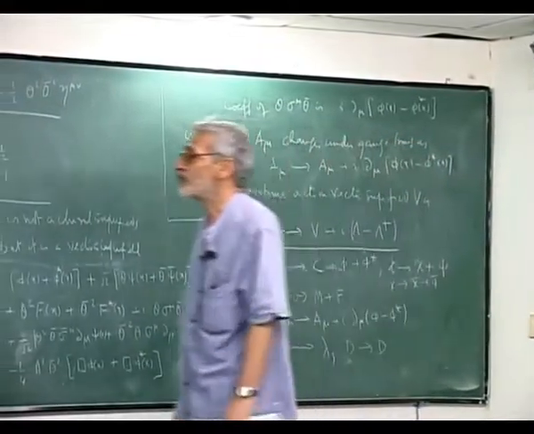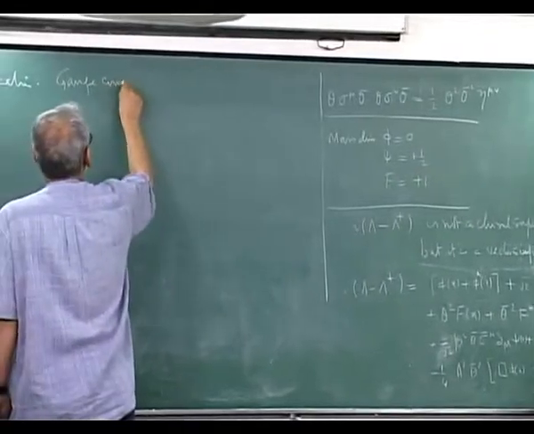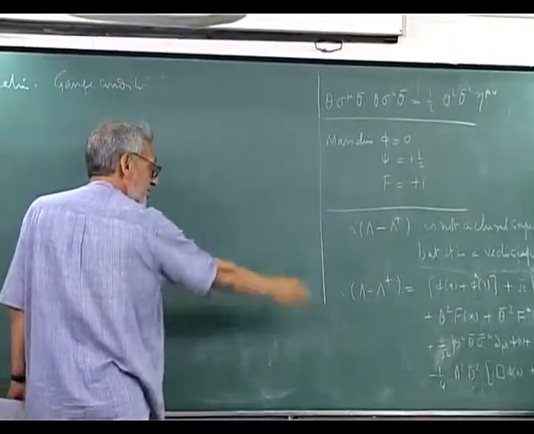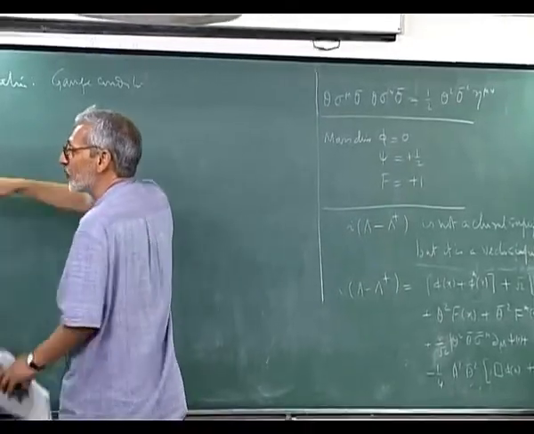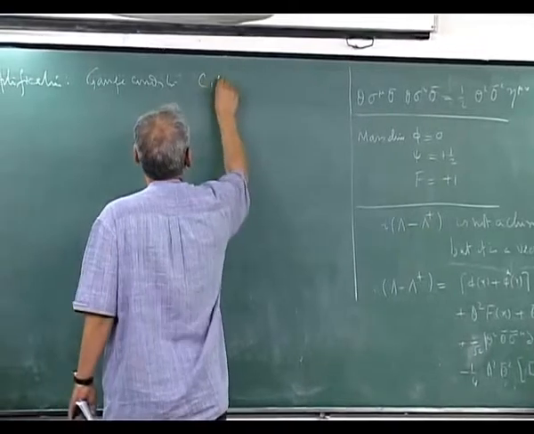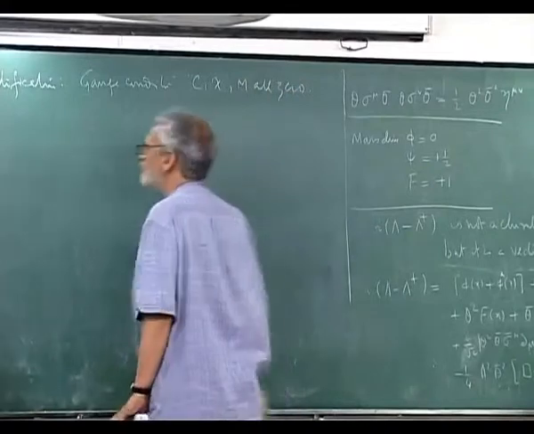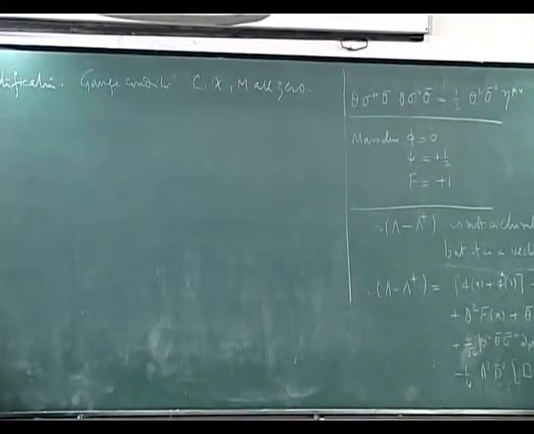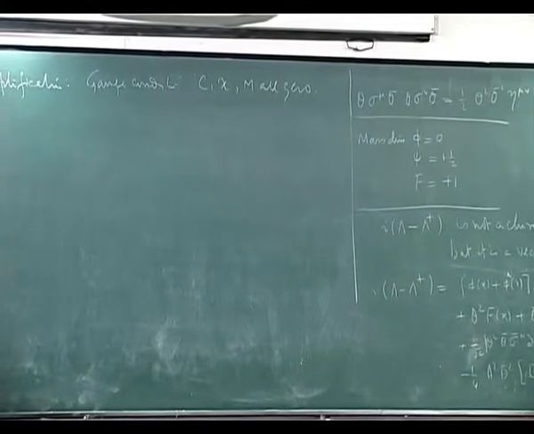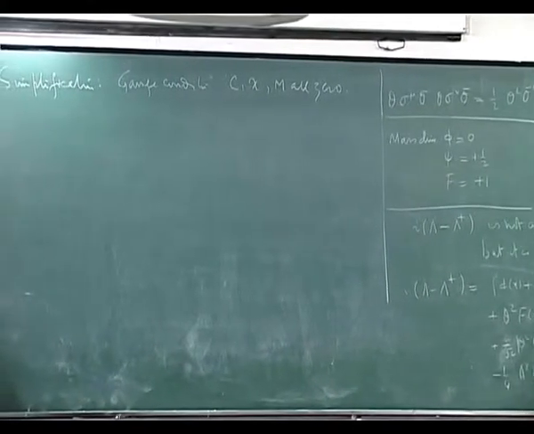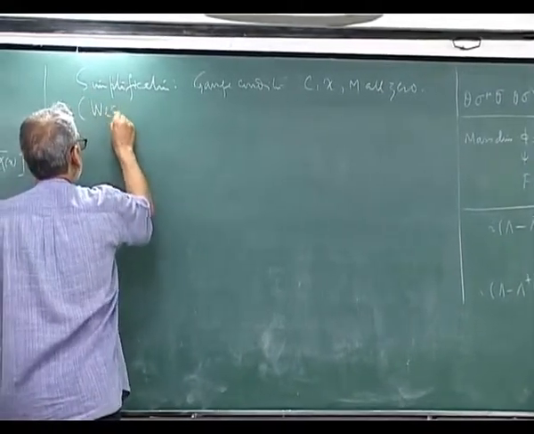Which means I can choose a gauge condition in which, in the superfield I have here, C, chi and m are all 0. There is a name given to this gauge, after the people who introduced it: it is called the Wess-Zumino gauge.